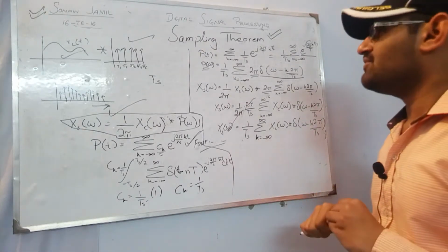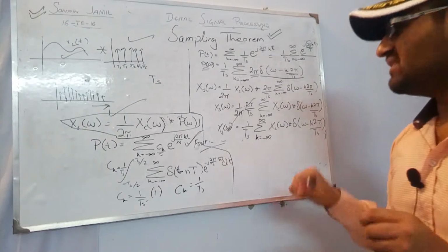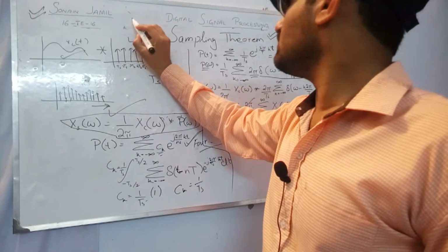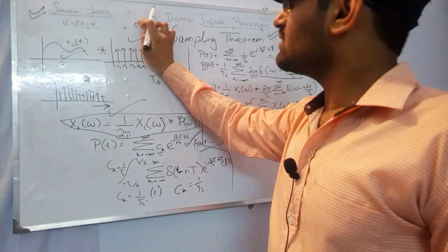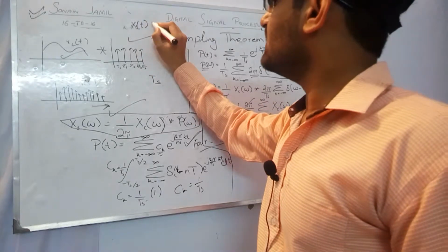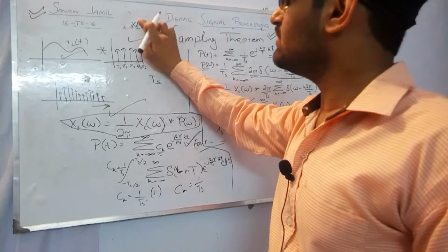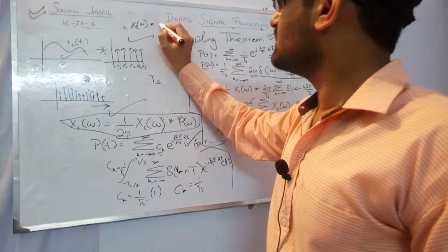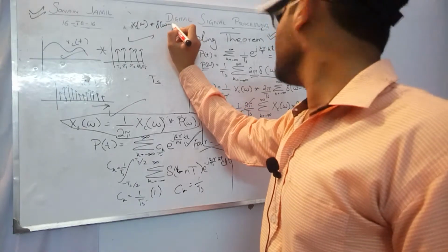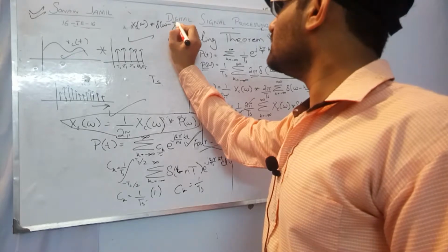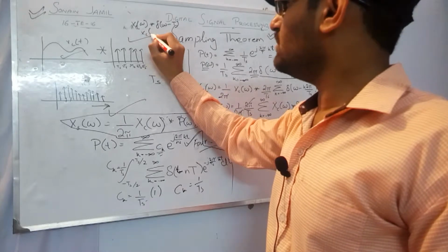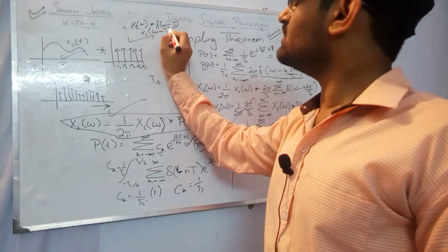If we apply the shifting property of the impulse function, that is, if we convolve X of omega with the impulse at omega minus k omega s, the shifting property says it will come out to be only this one.